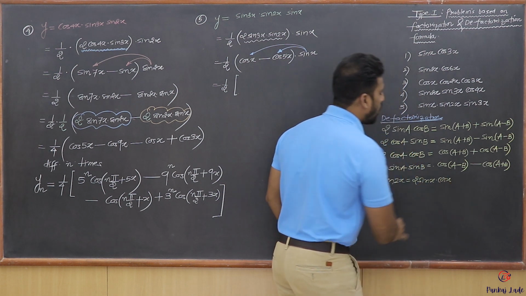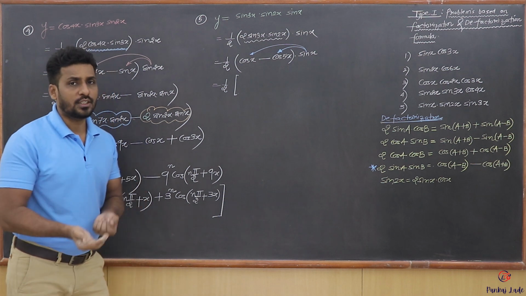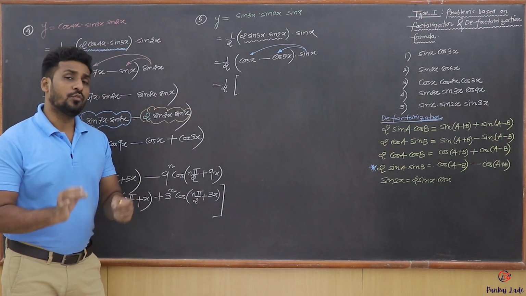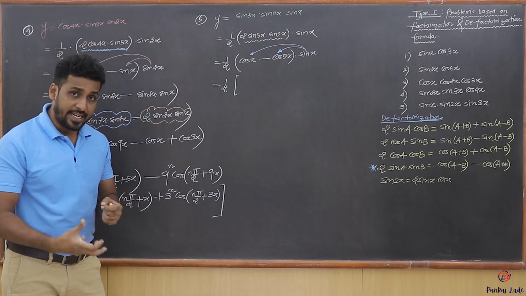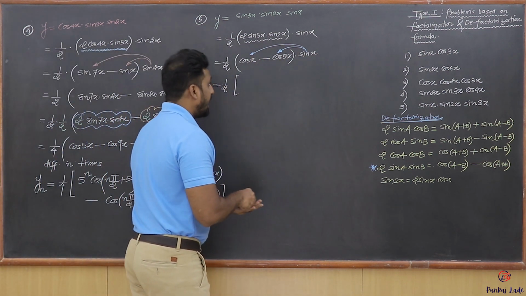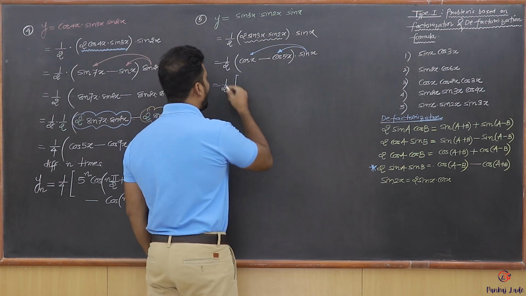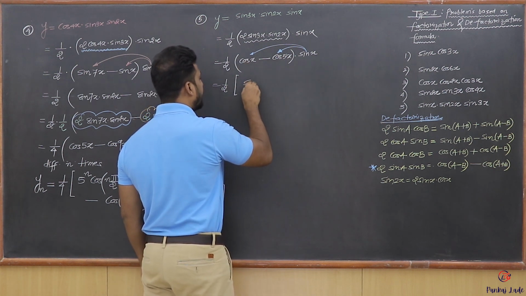Now of course it does not matter whether I write 2 cos x into sine x or I write 2 sine x into cos x. But as per the convention, we always write the formula as 2 sine x into cos x. So here cos x into sine x, I'm going to write as 2, or the 2 is going to come later. I'll be writing 1 upon 2 and the sin x multiplies inside the bracket.